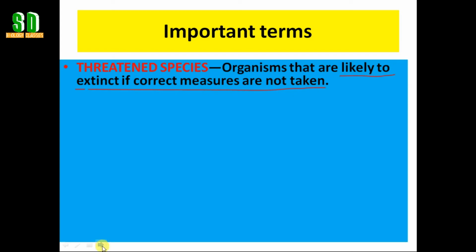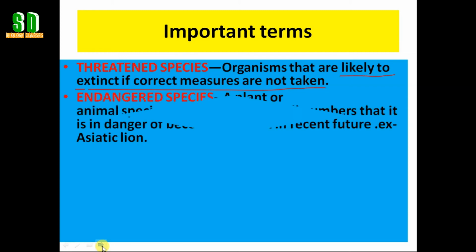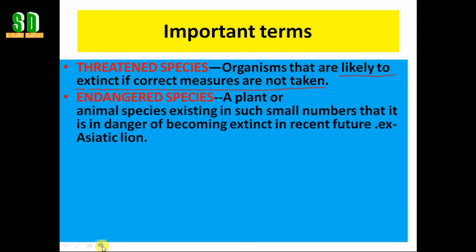They are called threatened species. Threatened species can be categorized in the following ways. What are those? First of all, endangered species. A plant or animal species existing in such small numbers that it is in danger of becoming extinct in the near future is called an endangered species.